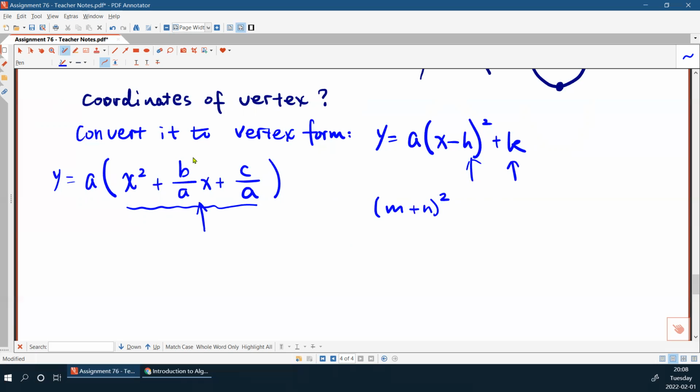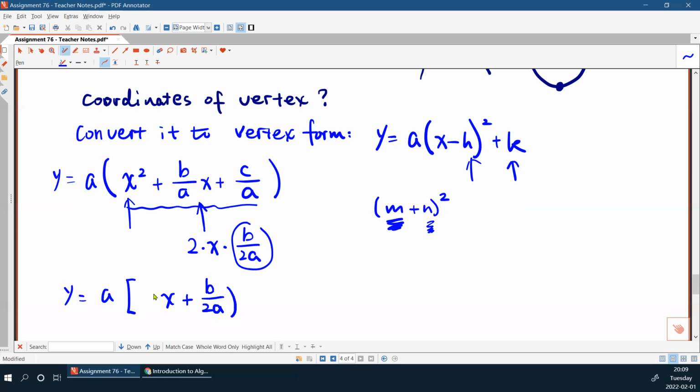We need to rewrite the term in the middle as 2 times x times something, and apparently this is 2 times x times b over 2a, right? So if x is our m, then b over 2a is our n, right? Well, let's try to rewrite this as x plus b over 2a squared.